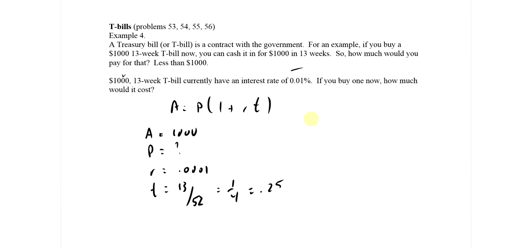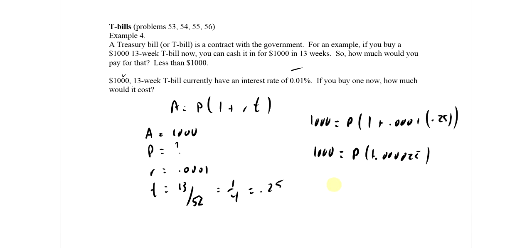Well, you plug everything in. 1,000 equals P(1 plus 0.0001 times 0.25), right, because it's a fourth of a year, or 1,000 equals P times 1.000025, and you divide it out.